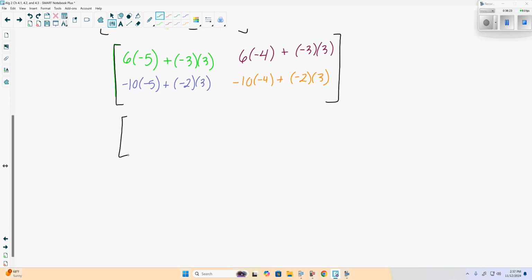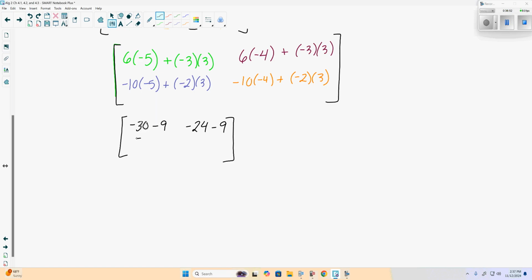Now at this point here, we can type each one of these expressions into the calculator. We can do 6 times negative 5 plus negative 3 times 3. Calculator will tell us what it is. So 6 times negative 5 is negative 30. Negative 3 times 3 gives us minus 9. I'm going to just go on and do it by hand. 6 times negative 4 is negative 24. Negative 3 times 3 would give us minus 9.